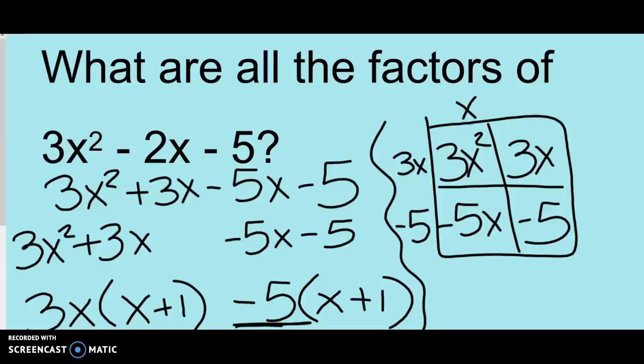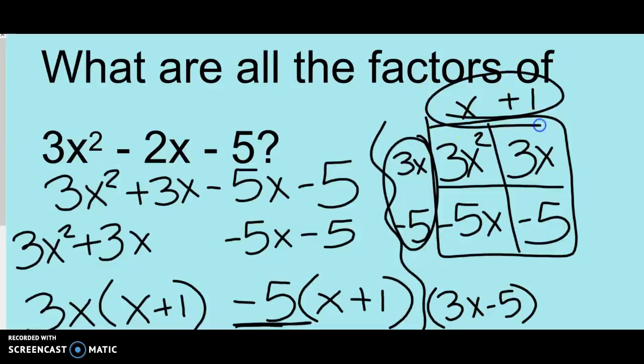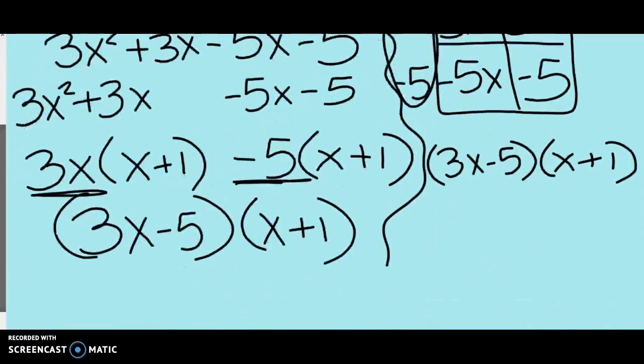And then 3x and -5 have nothing in common, so I'm going to make it a 1. So your factors are 3x minus 5 and x plus 1, which I think is what we got the first time. I just want to show you, you can get the same exact thing doing 2 different methods.